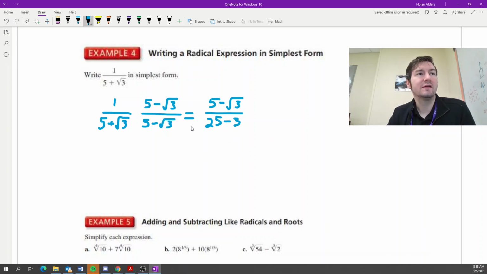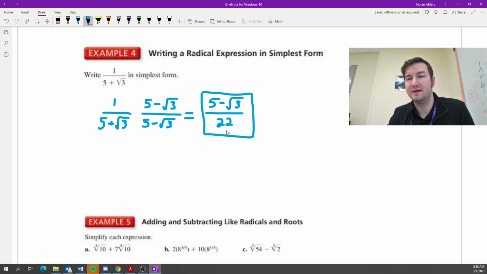And then because we did sum and difference, the other terms cancel out. We'll have 5 square root of 3 and -5 times square root of 3. So those cancel. So 25 minus 3 is 22. We can just replace this with a 22 down here. And there we go. This would be in simplest form with the radical in the numerator.